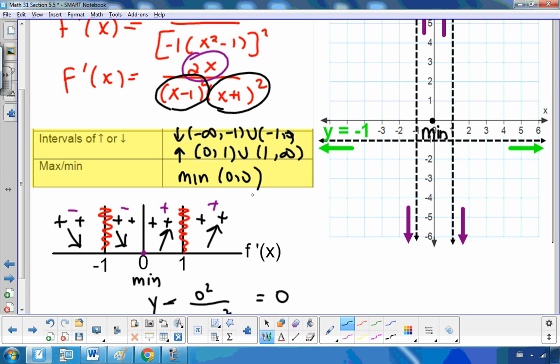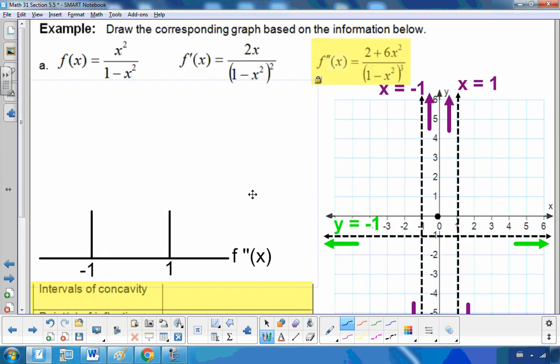So let's go on to my second derivative to look at intervals of concavity, and then we can put that all together. Okay, second derivative right there, let's put it into factored form. So second derivative, I'll factor out a GCF of 2.